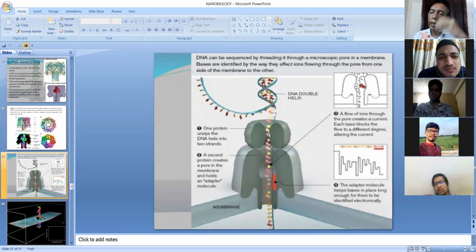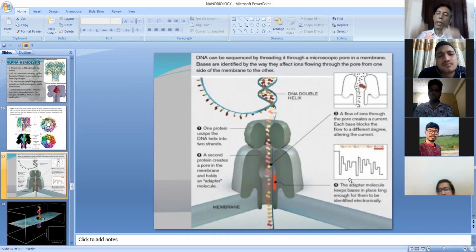So when adenine goes through, the current will have one type of obstacle. And when guanine enters, the current will experience another type of obstacle. And this obstacle is like that. If uracil passes through this pore, then it will face another type of obstacle.